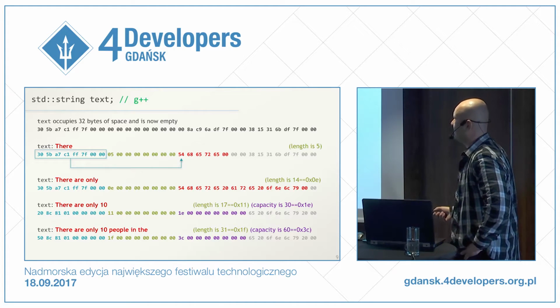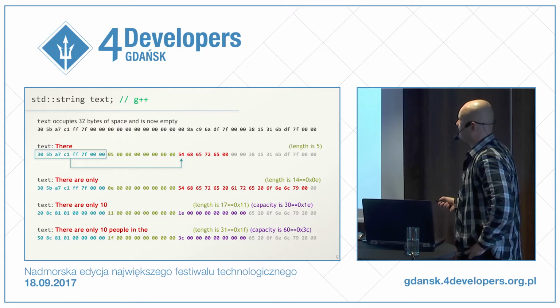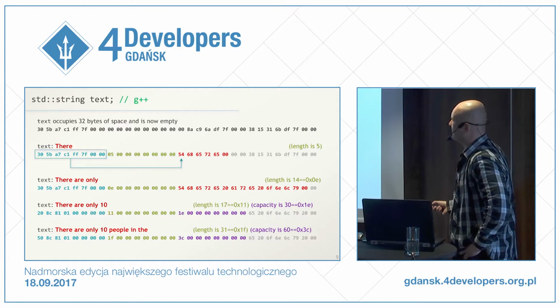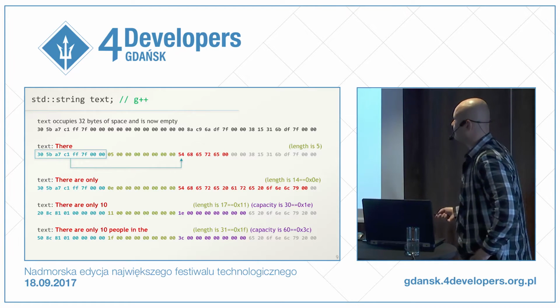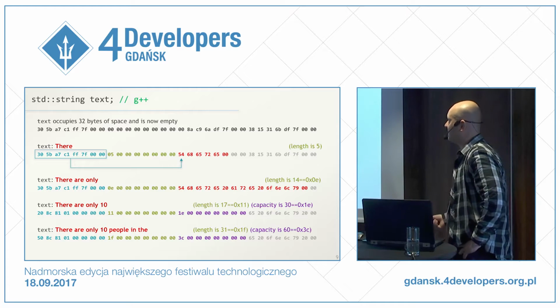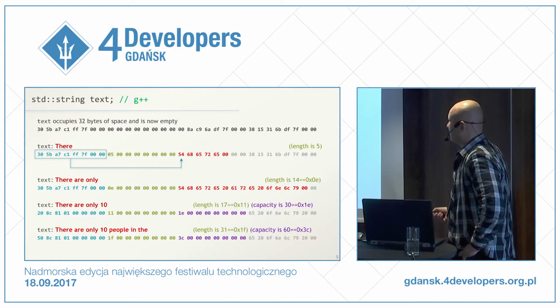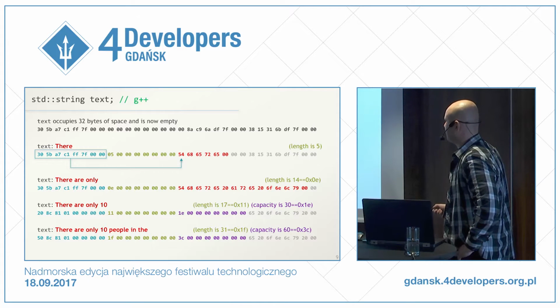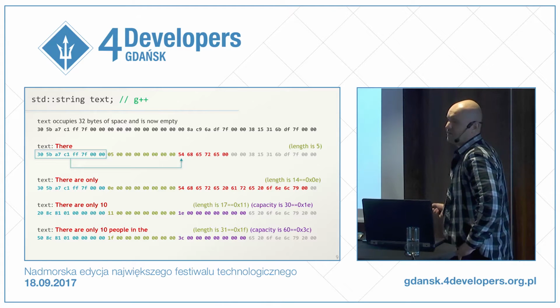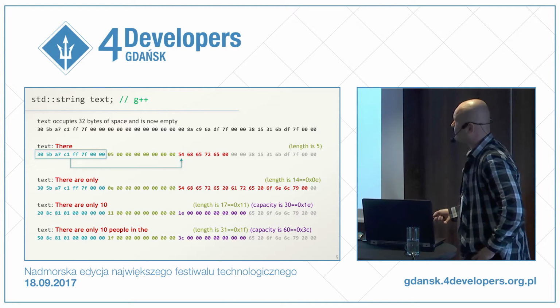So the third keyword becomes the capacity, and the pointer points to heap allocated space. If we add some more, we see that the capacity of the next allocated chunk increases in some manner, like multiplied by 2.